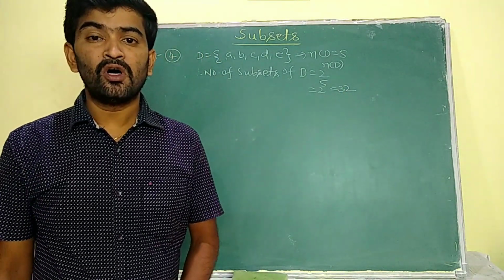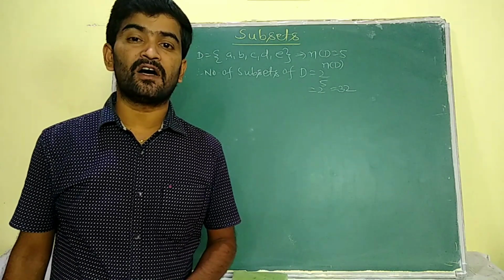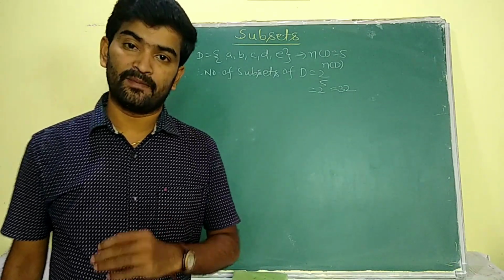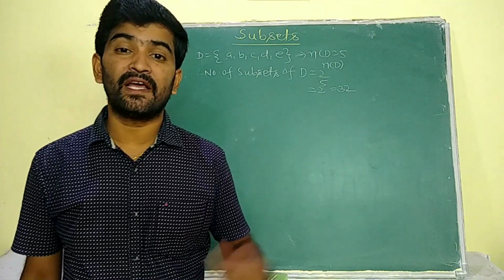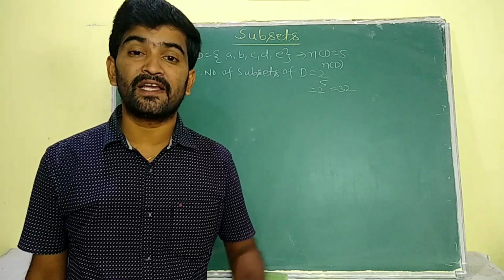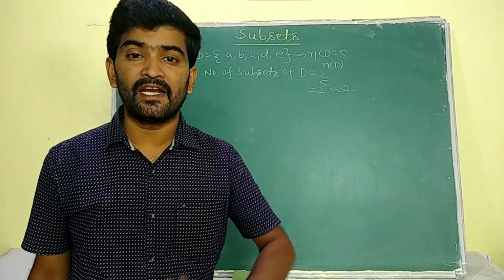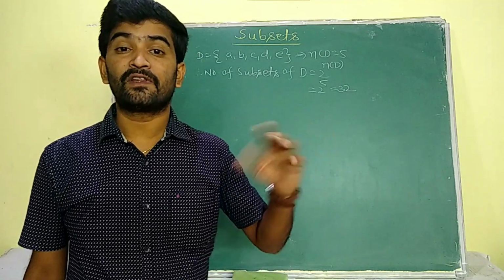Here I will tell you one small logic to find out the number of subsets of a specific number of elements. For example, how many subsets are there to this set D with 2 elements? How many subsets with 3 elements? And how many subsets with 4 elements?